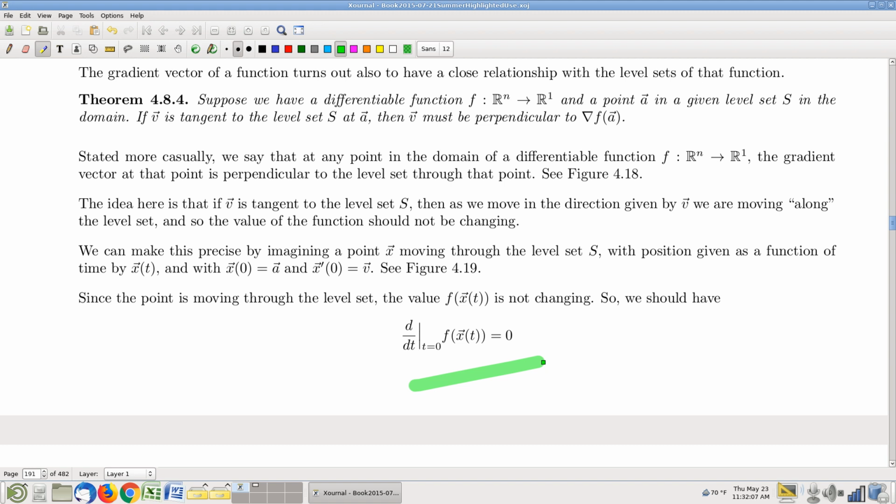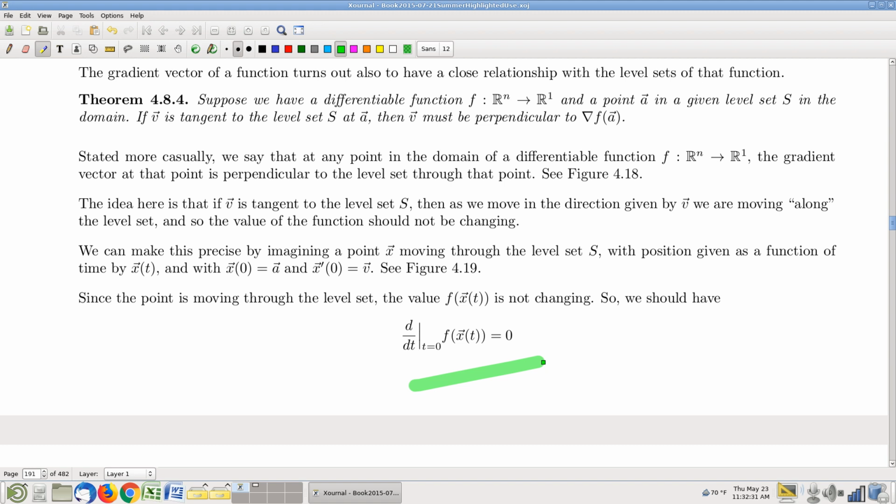So what I have written down here is an expression representing how much f is changing if we're on this curve that's at A and moving with velocity v. Let me say that just ever so slightly differently. This says how fast is f changing when you are at A moving with velocity v. That's a directional derivative.